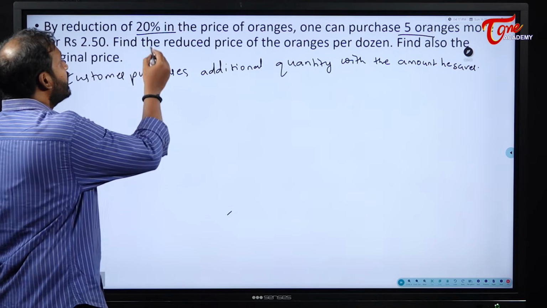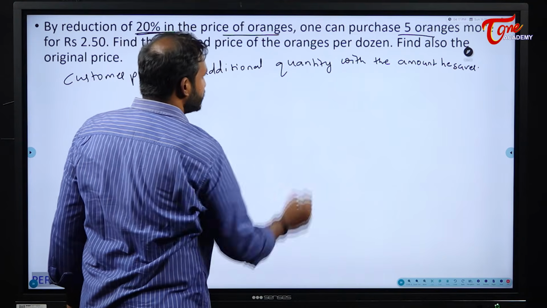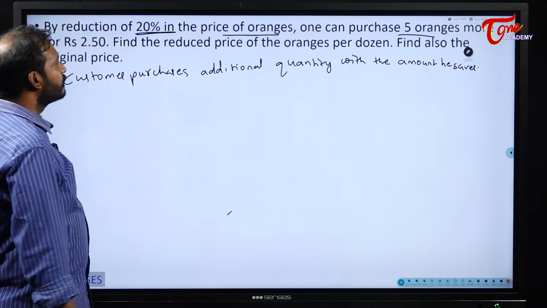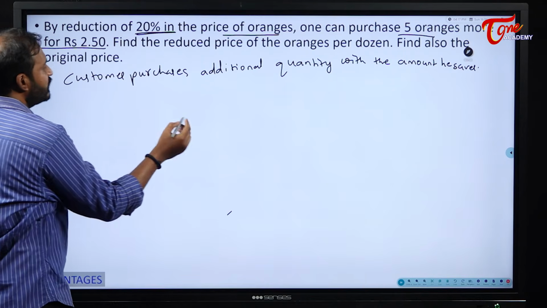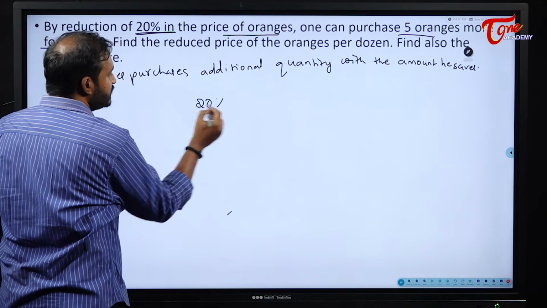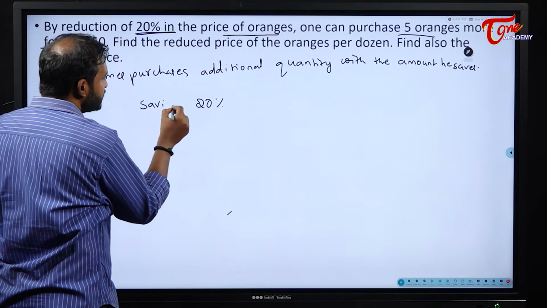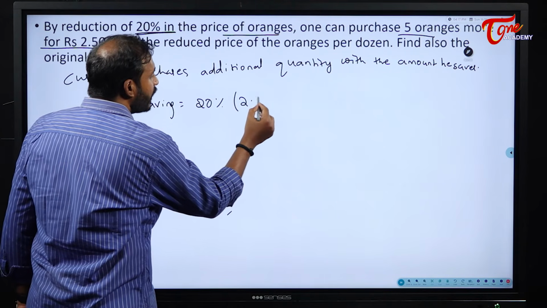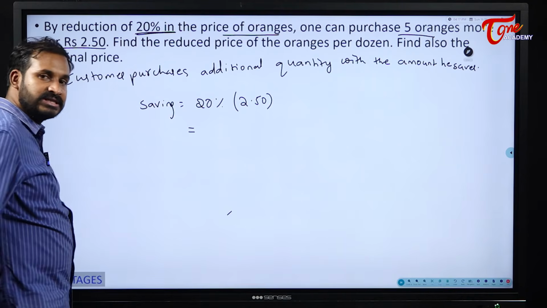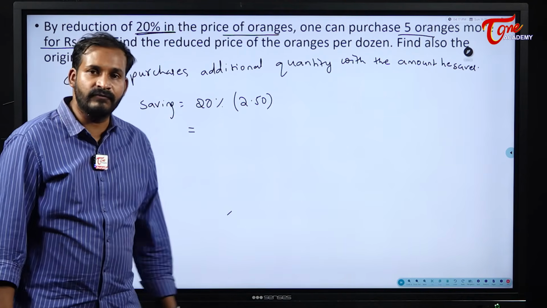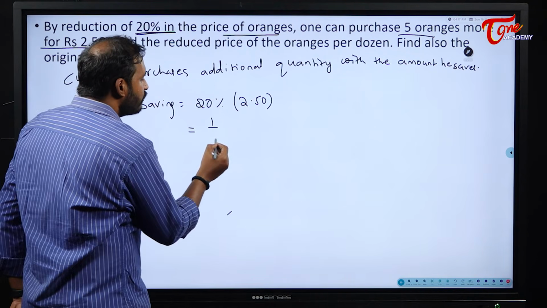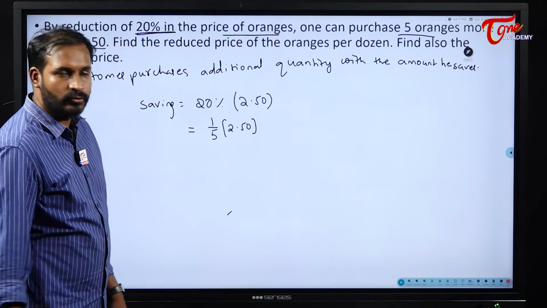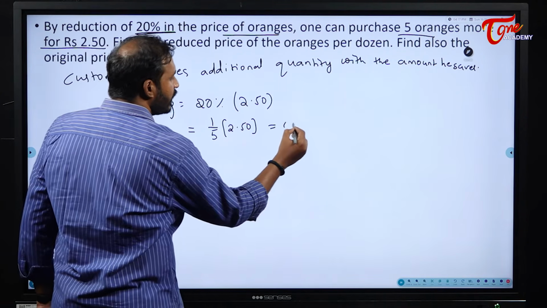Now see here, by reduction in 20% of the price of oranges, usually he should save how much? 20% of the amount, right? What is 20% of 2.50? His savings is 20% of 2.50 rupees. 20% means 1 by 5 into 2.50. So that means 0.50.